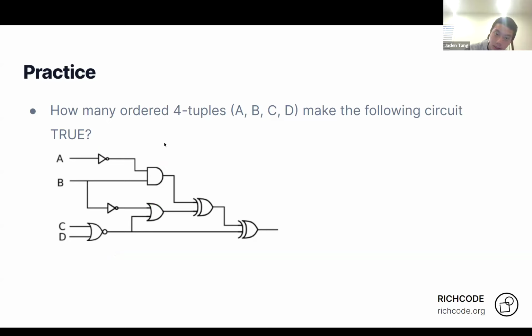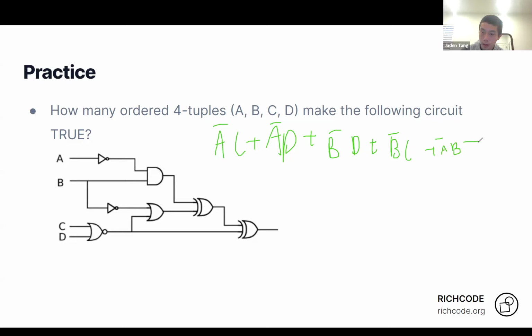The most efficient way, since this is not actually simplifiable: if you were to simplify, you would get something like not AC plus not A B not C D not C not D, and if you applied as many rules as you could, nothing would cancel out, you couldn't.